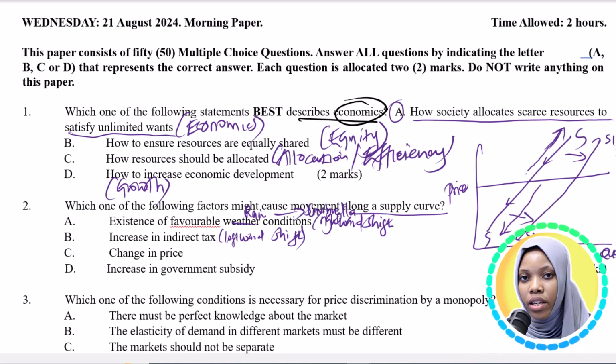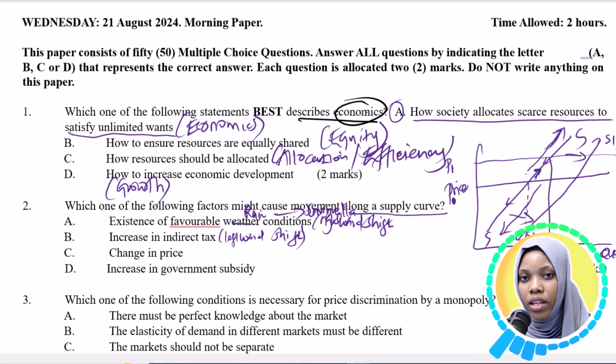Change in price: let's say this is our P0, the initial price, and if we increase our price to P1, then our supply is going to increase from Q0 to Q1.